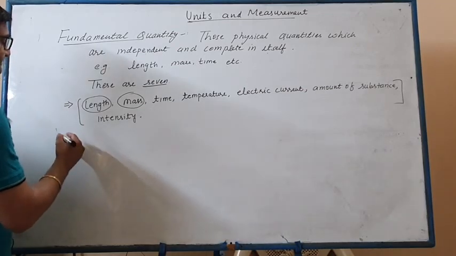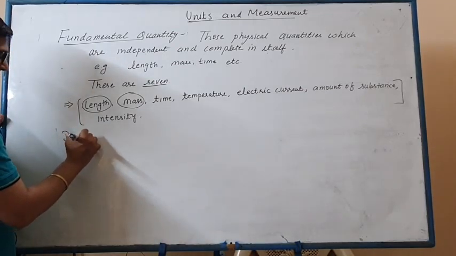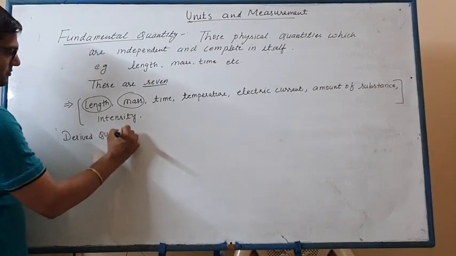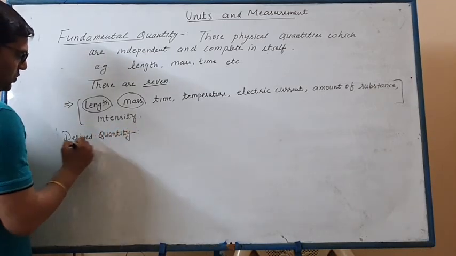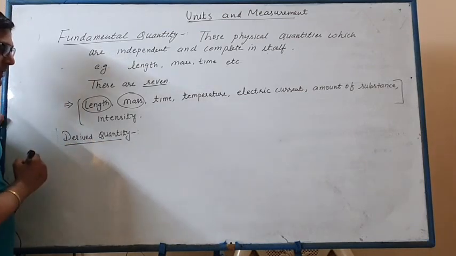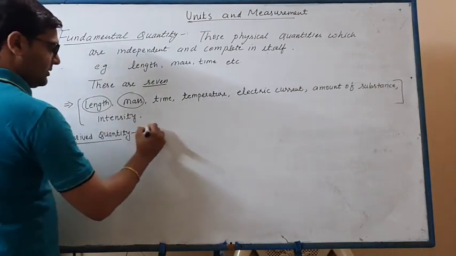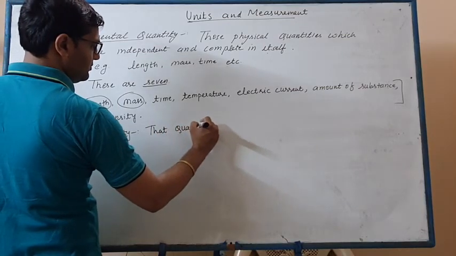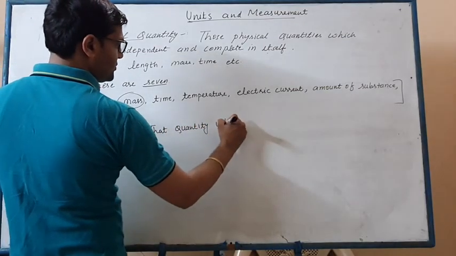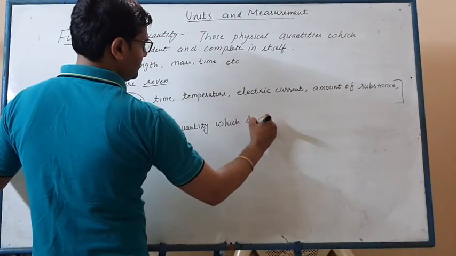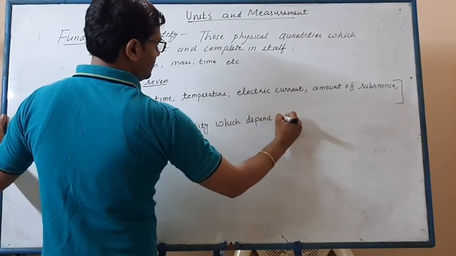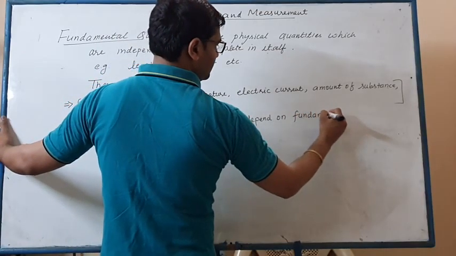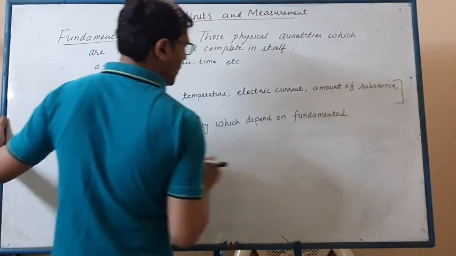Next we have derived quantity. What is a derived quantity? That quantity which depends on fundamental quantities.